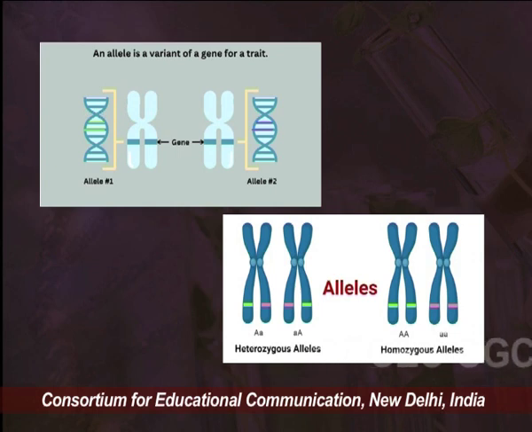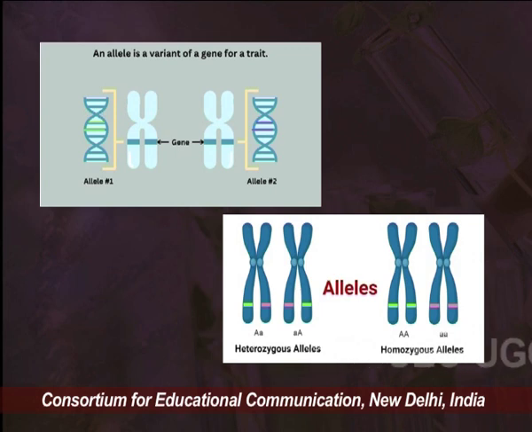So, this is the pictorial information where you can identify different alleles on the same gene. If the same allele is present on both chromosomes, then it would be homozygous, but if different alleles are present, then it would be heterozygous, as you can see in the figure at the lower end, where the different alleles have been shown by different symbols, capital A and small a.